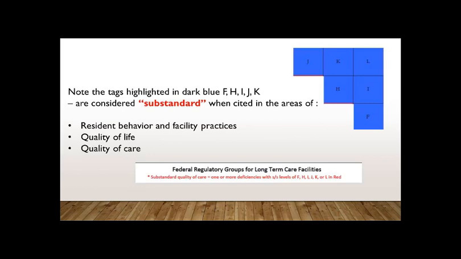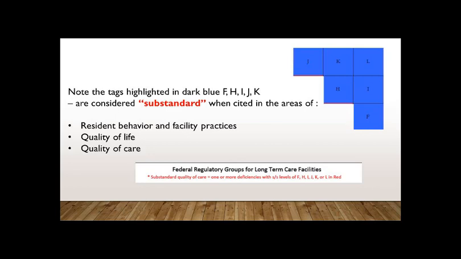So we talk about the darker blue colors. The F, I, J, and K, they're what we call substandard. If you remember back in the beginning when we talked about the crosswalk for the F tags, anything in red, any of those tags are what we call substandard. And they come in substandard quality of care.